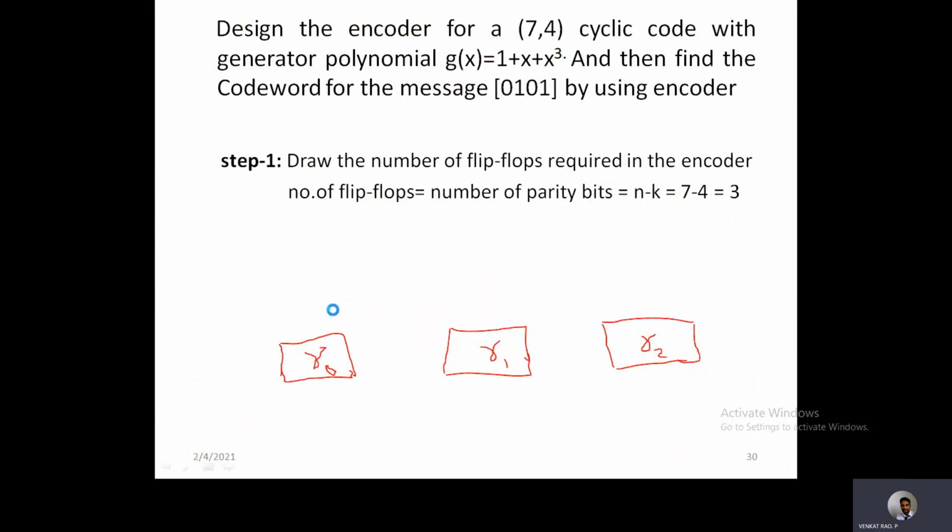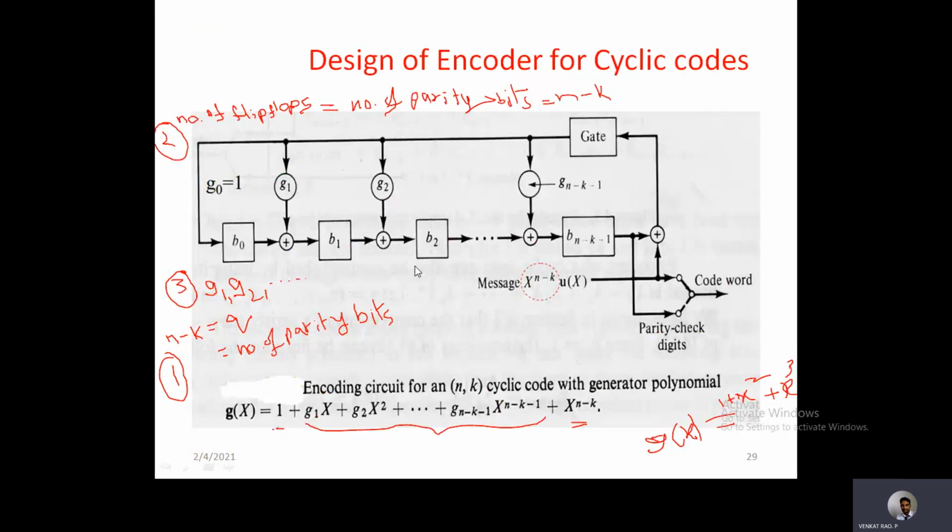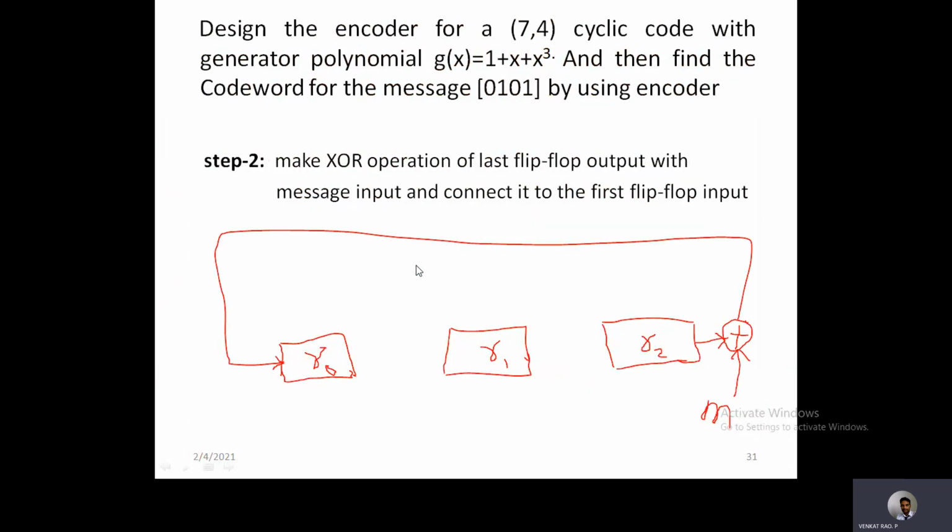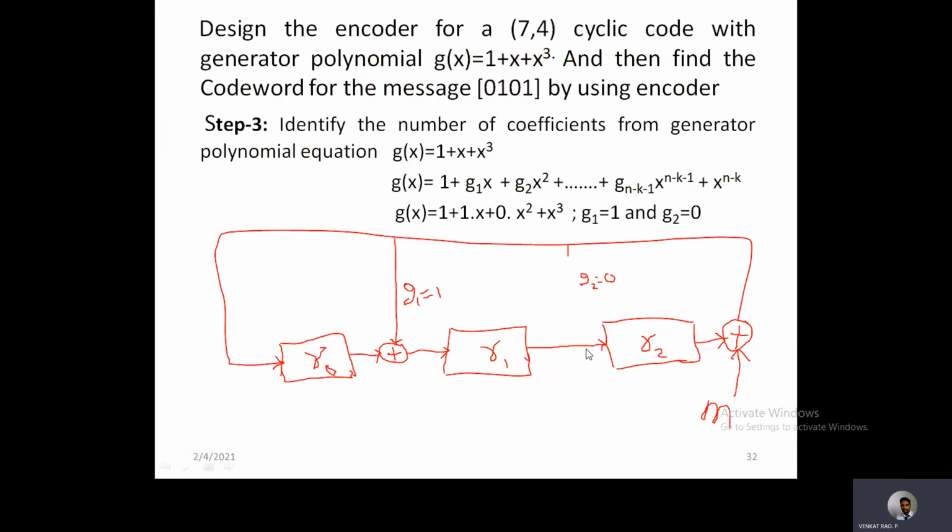It is very easy to design the syndrome calculator because if this is the encoder diagram, then the syndrome diagram will be the same diagram. The only difference is that instead of having an XOR operation at the last flip-flop output, there will be an XOR operation at the first flip-flop input.